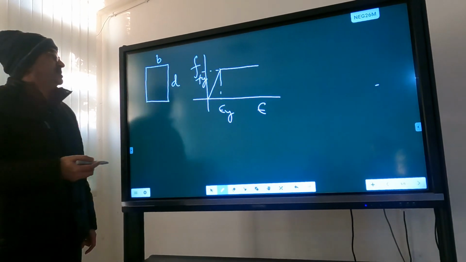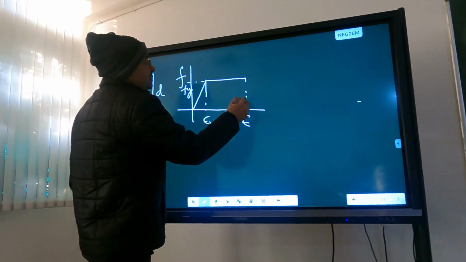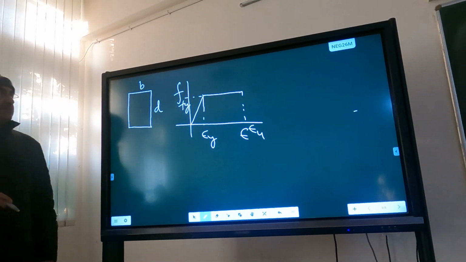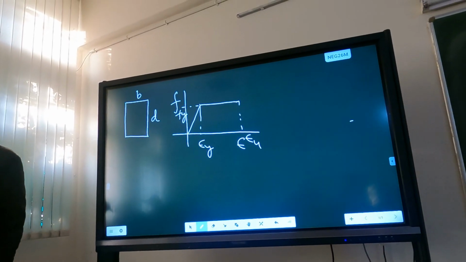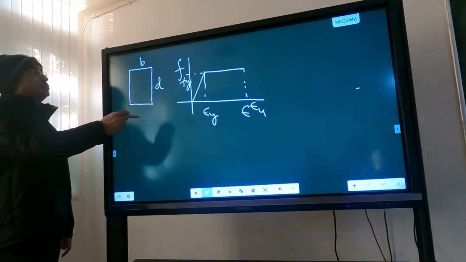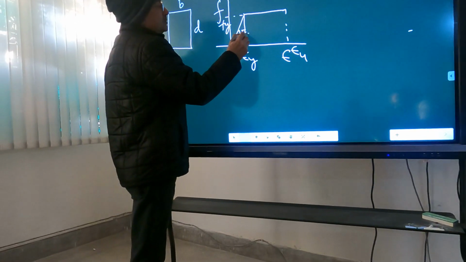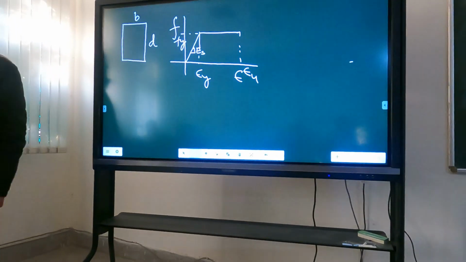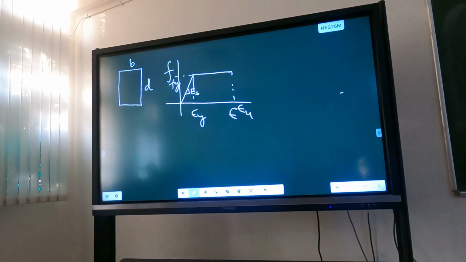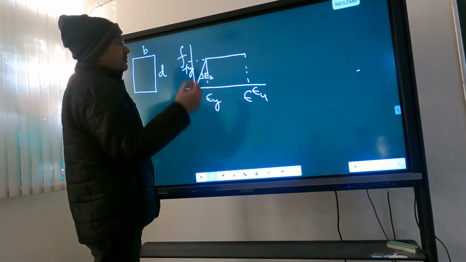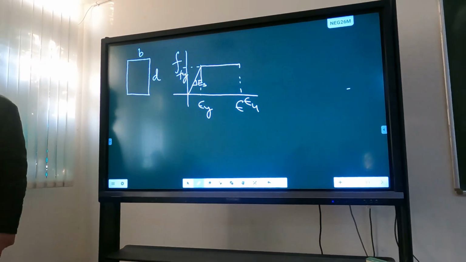At the moment, let's consider a bilinear stress strain curve which has increasing stress up to Fy, and the modulus of elasticity that is given by the slope of the stress strain curve, that is, let us say Es, and then it becomes flat and it fails at epsilon u.